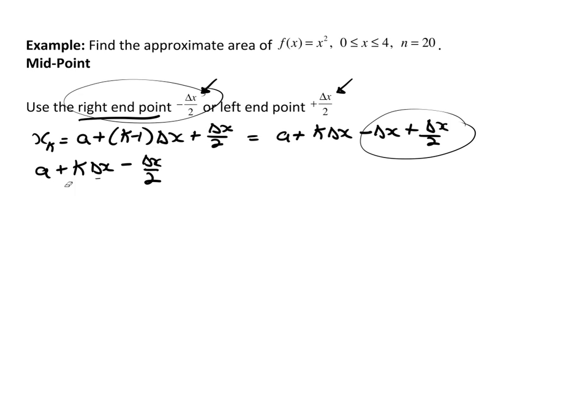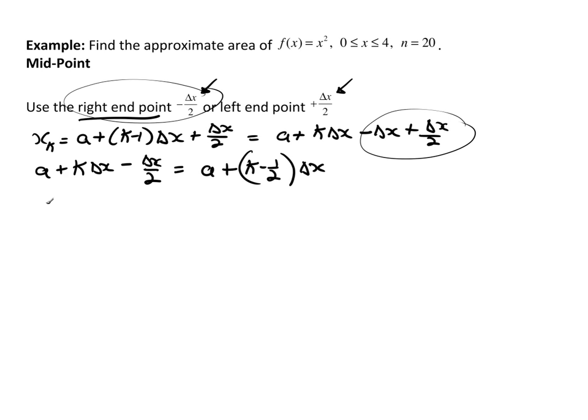So now I'm going to continue with it and finish up the algebra. If I factor out the delta x, I end up with a plus k minus a half times delta x. This will actually put me at the midpoint.